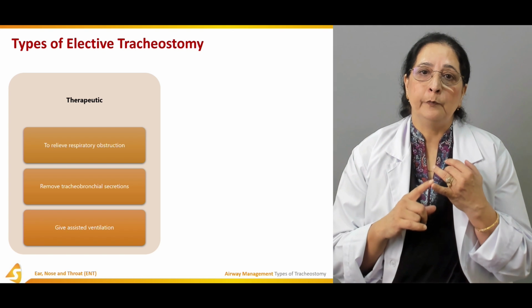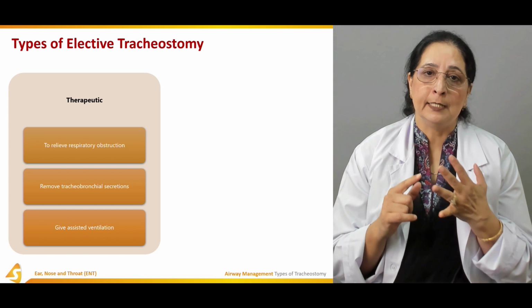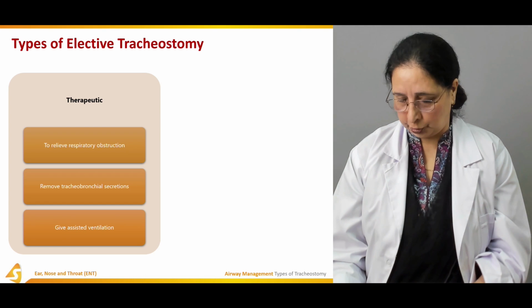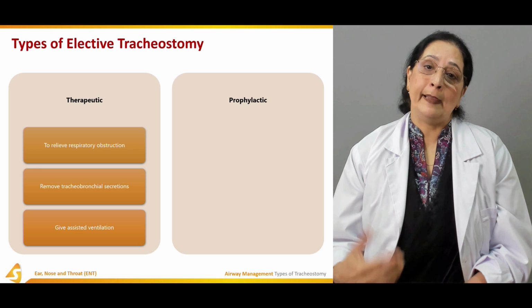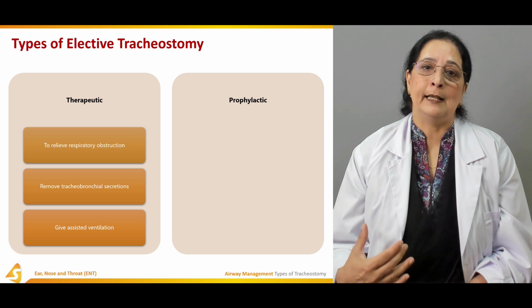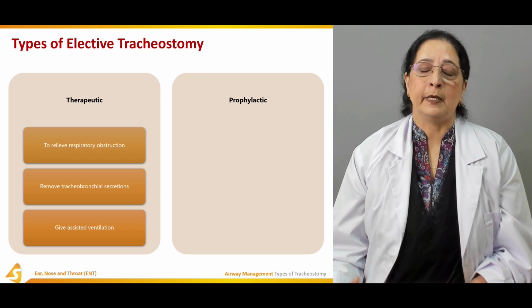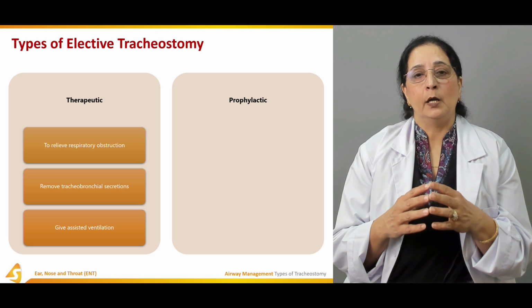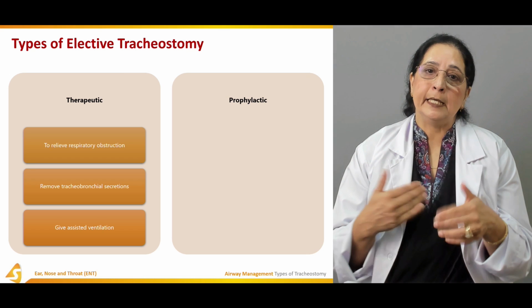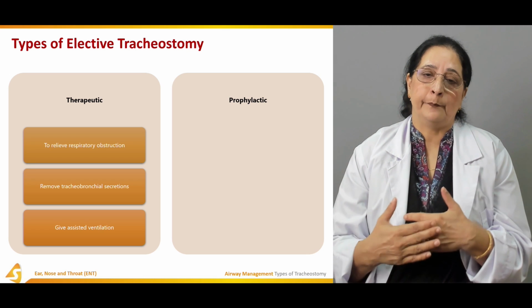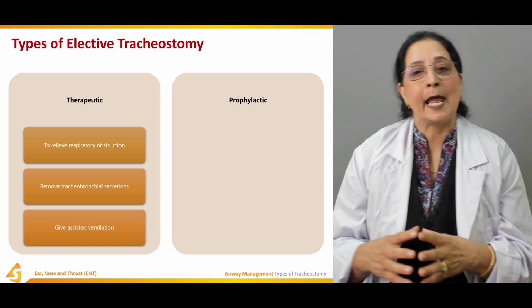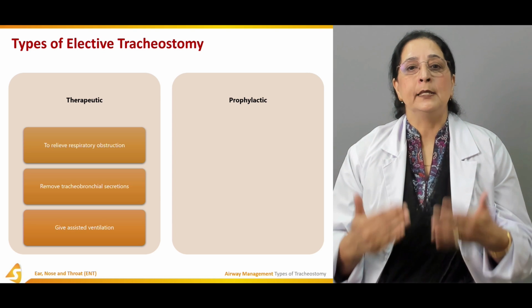We need to remove any obstruction, secretion, and to give any assisted ventilation. Next is prophylactic indication of elective tracheostomy. Prophylactic is the term used for steps taken to prevent the condition, to avoid the condition that can occur by performing the procedure.